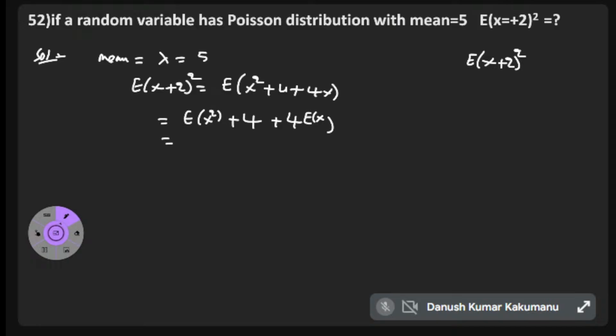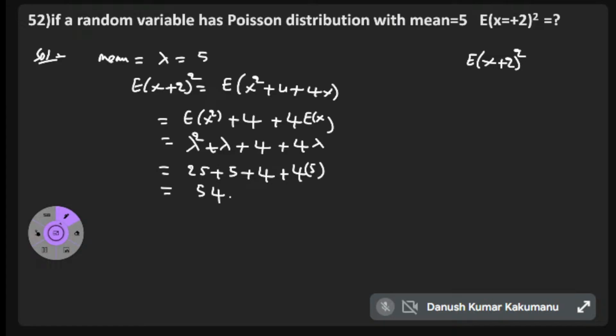The mean square value of the Poisson distribution is lambda square plus lambda. Lambda is 5, so 25 plus 5 plus 4 into 5 plus 4. The overall answer is 54.